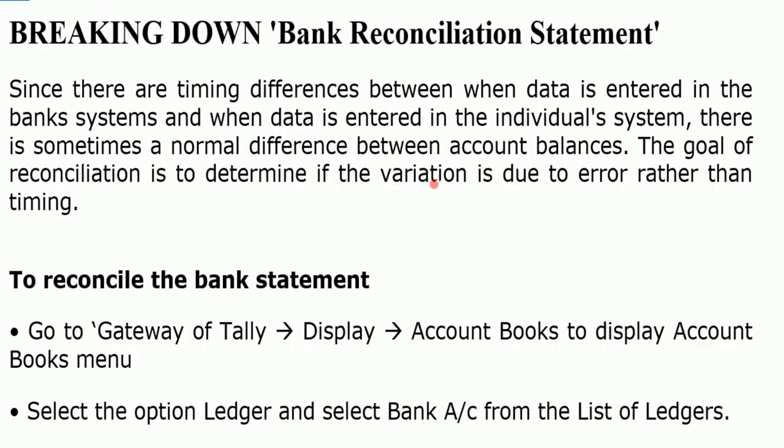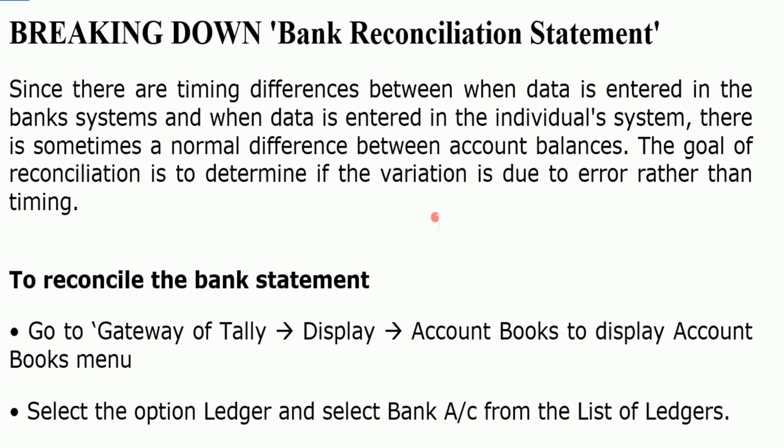So how does it happen? Sometimes you may give a check with a post-dated date. For example, if today is the 7th of August, you may give the check for the 15th of August. Then the check will come to the bank after the 15th. But in our books, we have entered the check entry on the 7th only.